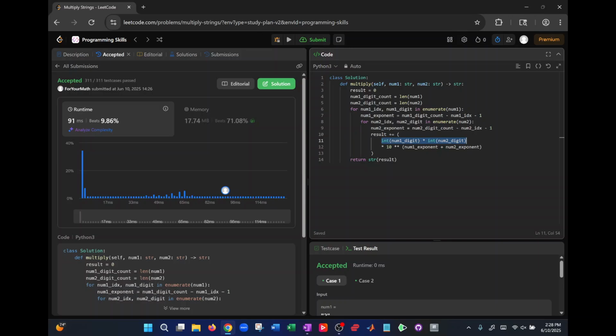And we could handle this more efficiently if we were storing the digits of the result separately, and if we were able to access those digits by indexing them, rather than having to multiply by 10 to large powers.